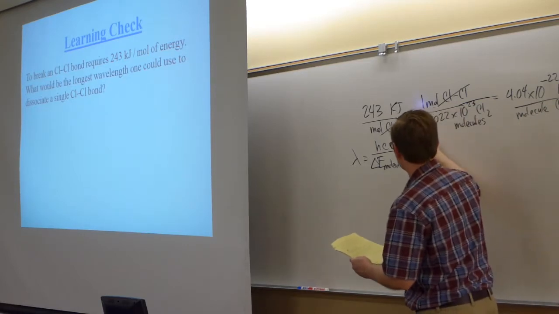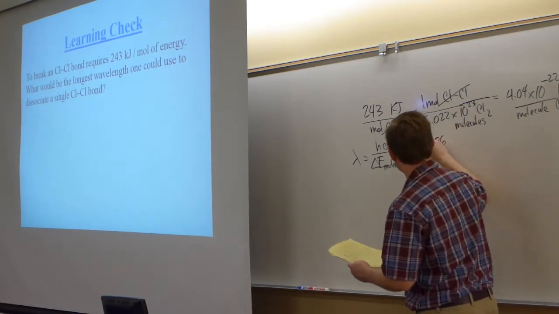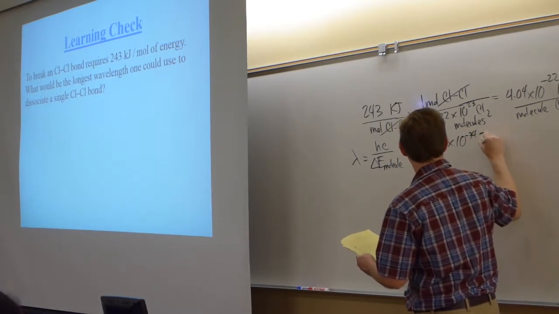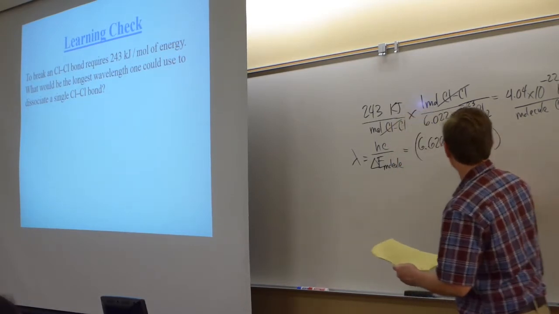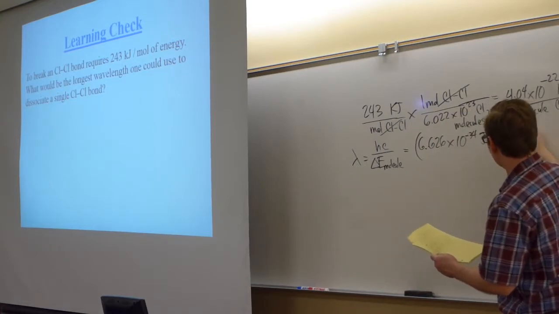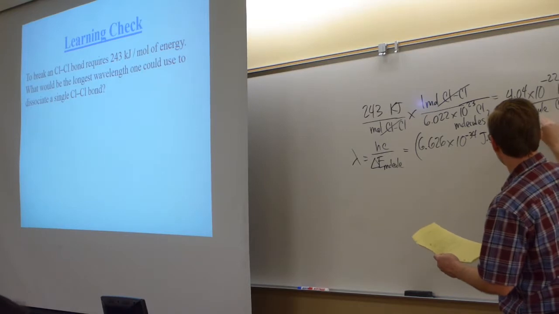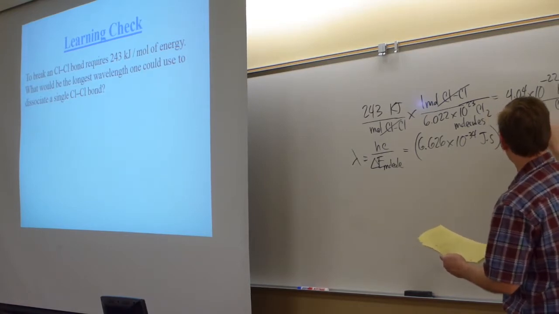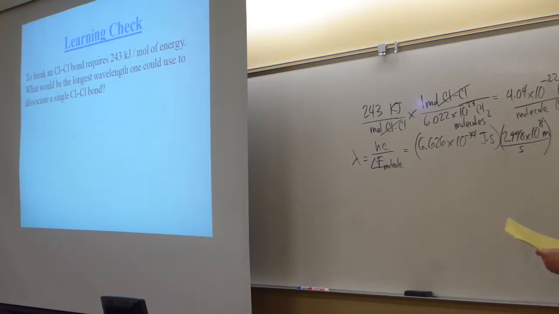Running the numbers: Planck's constant 6.626 times 10 to the minus 34 joule seconds times the speed of light, 2.998 times 10 to the 8th meters per second.